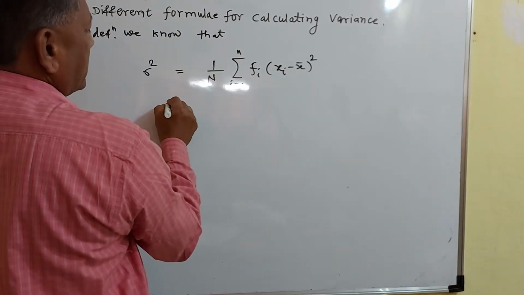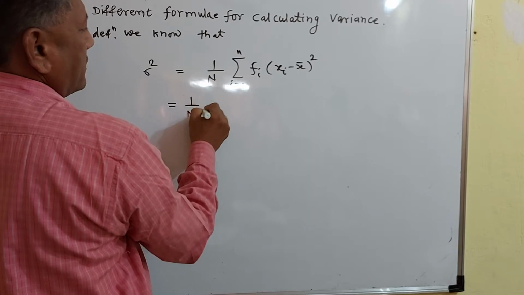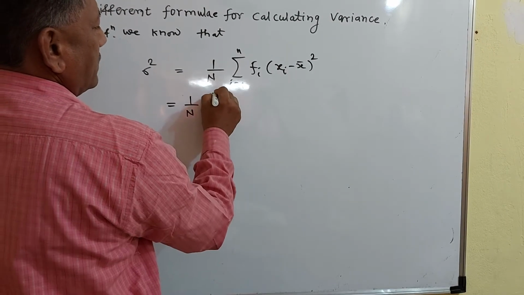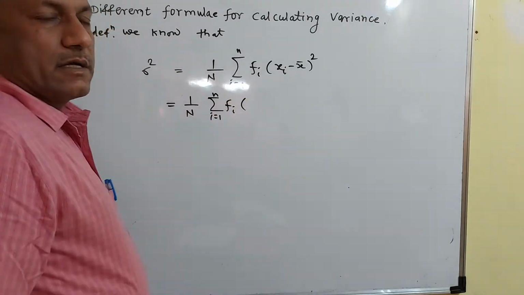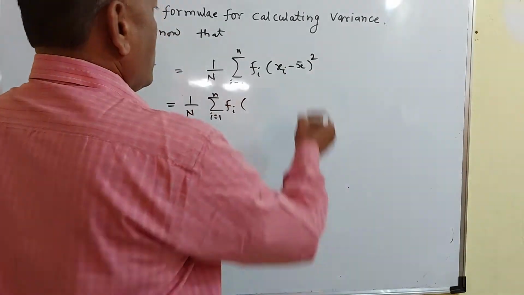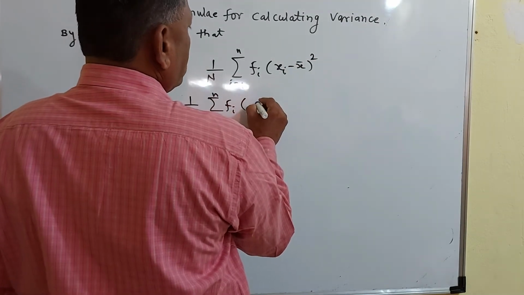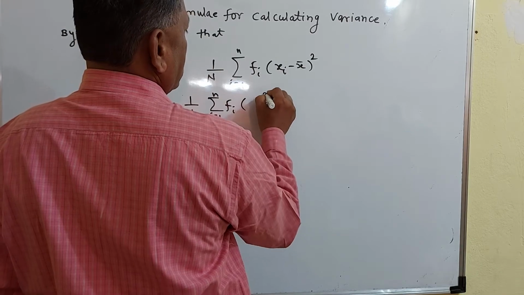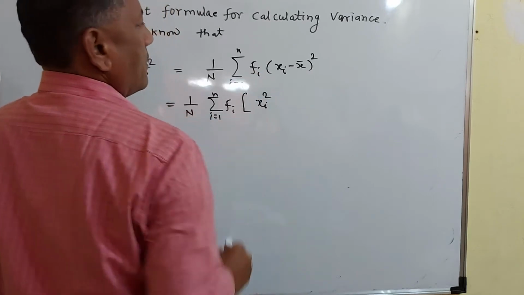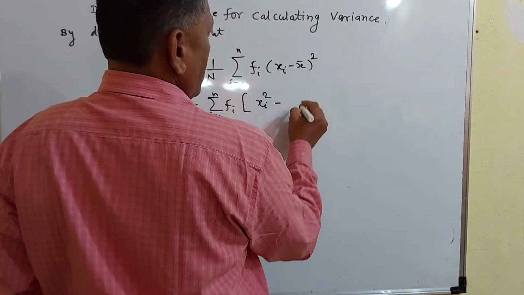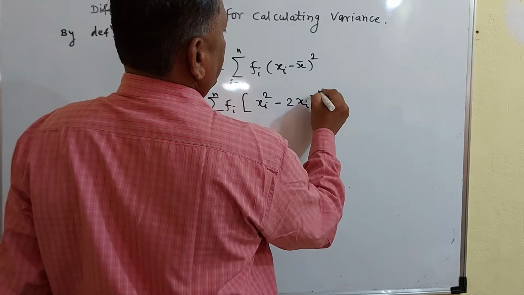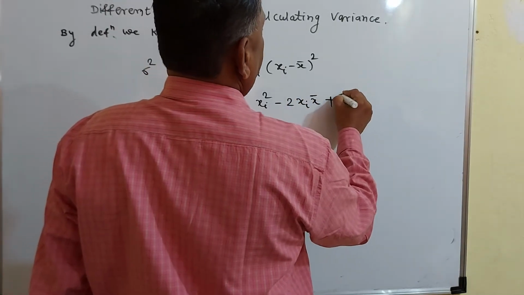So this can be written as 1 upon n summation of fi, i going from 1 to n, and you know the expansion of (x minus y) square is x square minus 2xy plus y square, that is xi square minus 2 into xi into x bar plus x bar square.